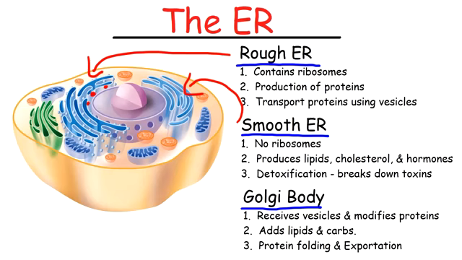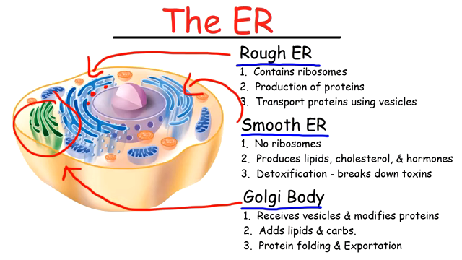Now let's go back to the rough ER. So once the rough ER, by means of the ribosomes, makes the proteins, they are enclosed in a vesicle, and those vesicles get transported to the Golgi body, which is right there. Now, the Golgi body receives the vesicles, and it modifies the proteins that are in the vesicles.